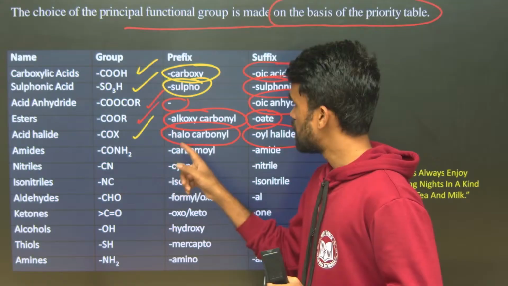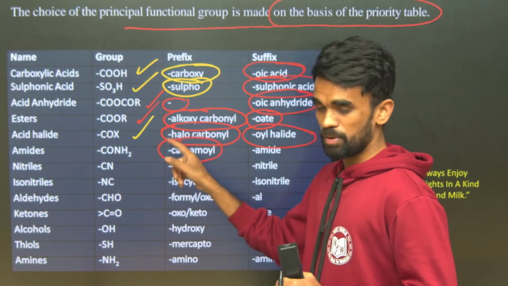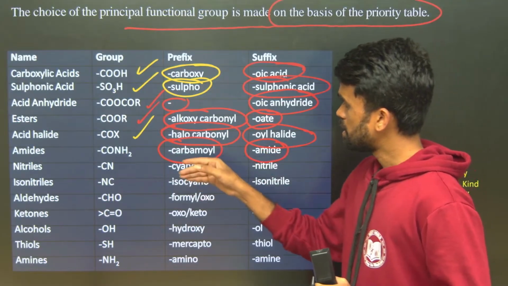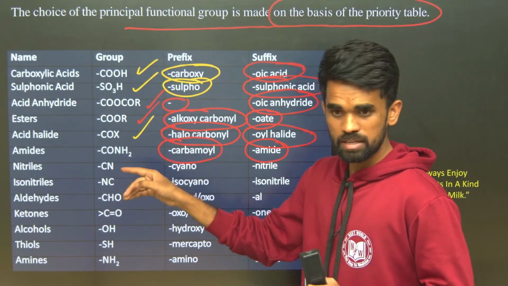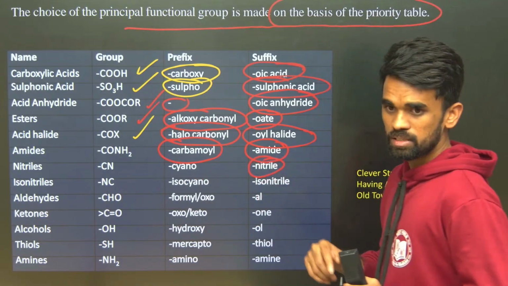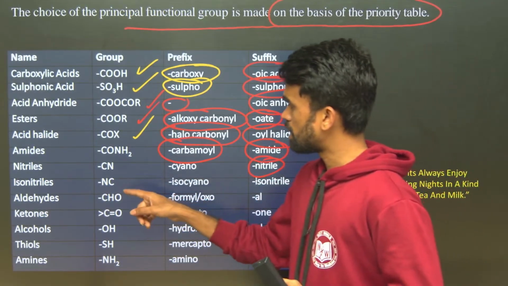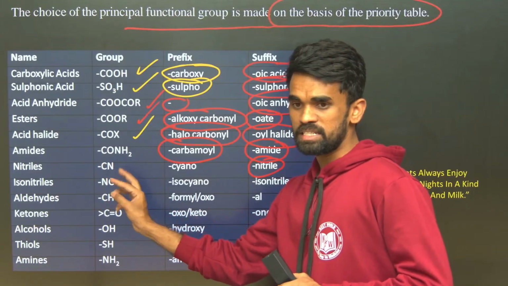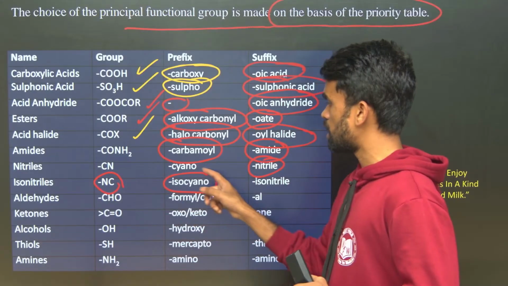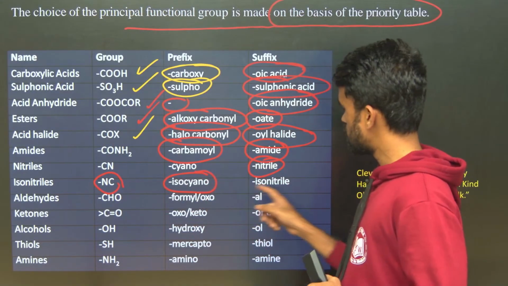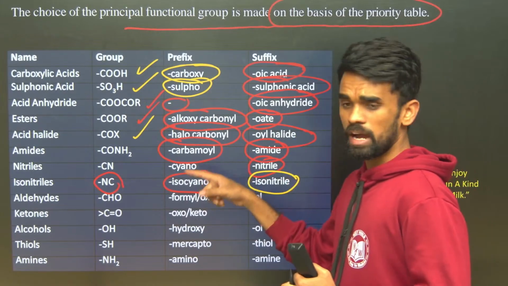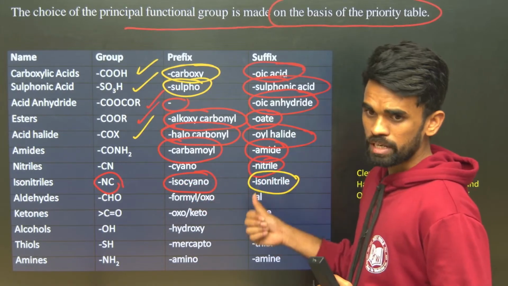For amides, carbamoyl is the prefix and amide is the suffix. Cyano is the prefix for nitriles like CN, and nitrile is the suffix. For isonitrile, NC, it is isocyano as the prefix and isonitrile as the suffix.